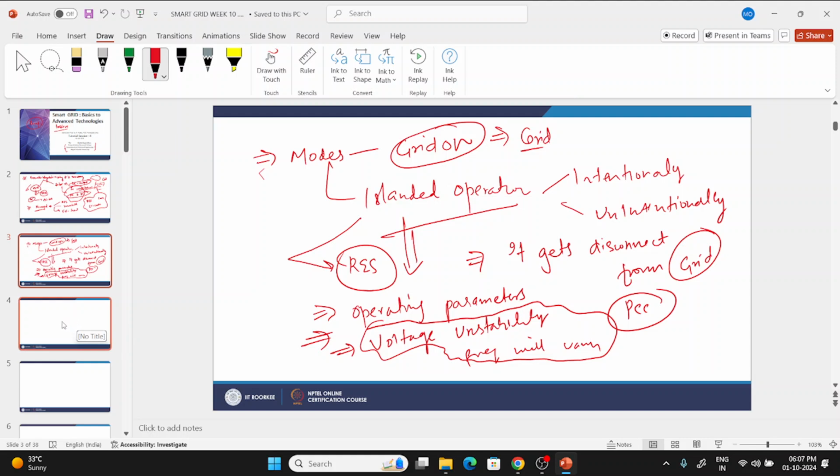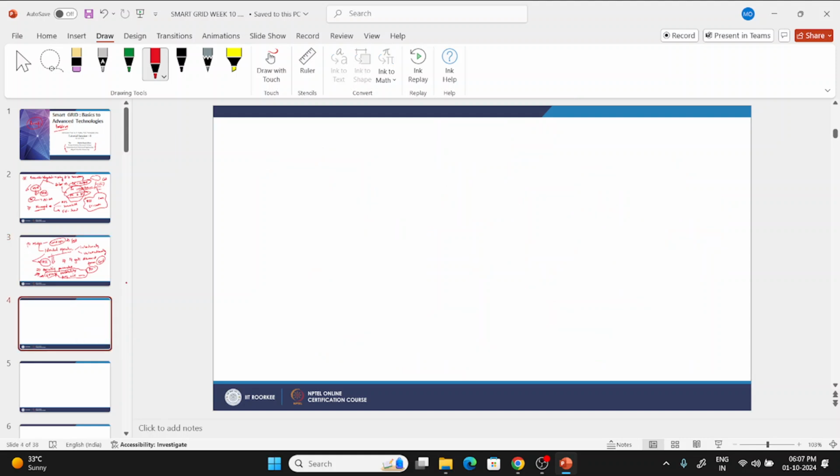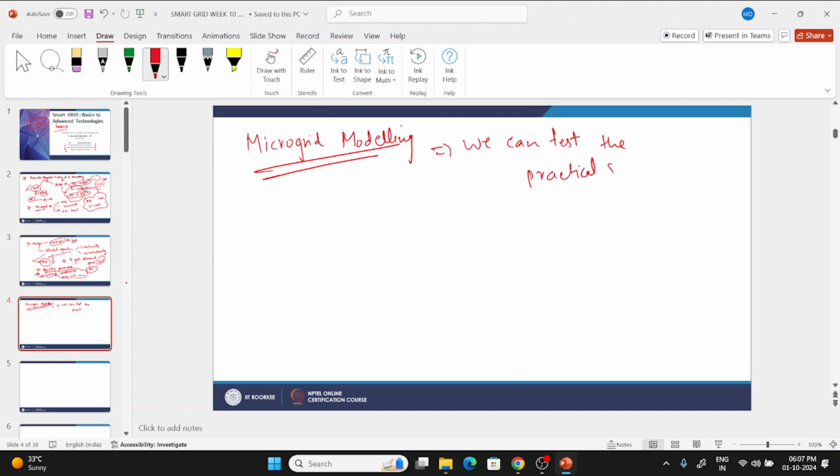In that sense, we are going to study how we can model the microgrid, and why microgrid modeling is necessary, so that we can test the practical scenarios or situations which may happen in the real world.